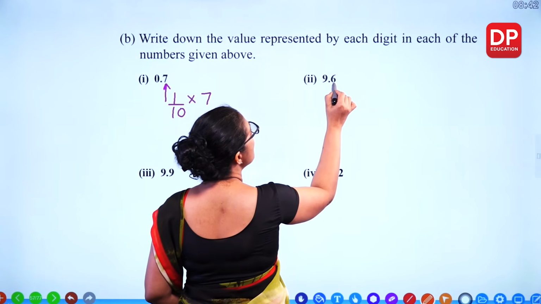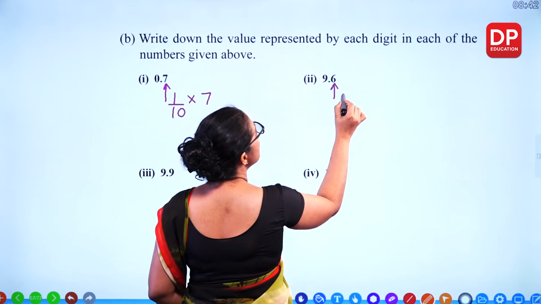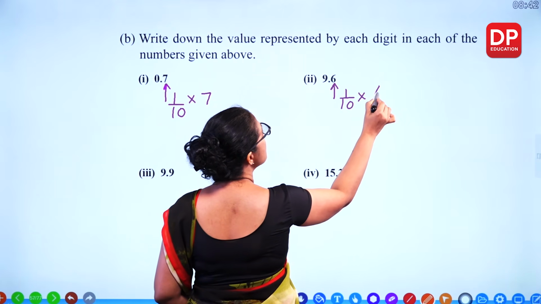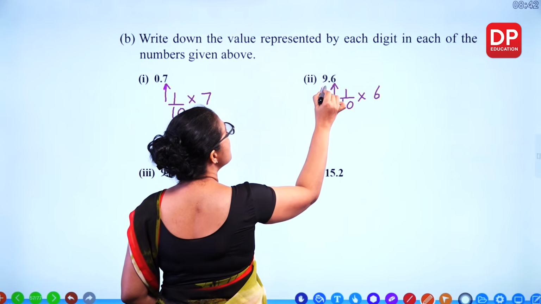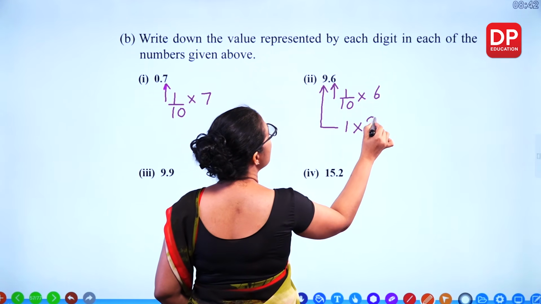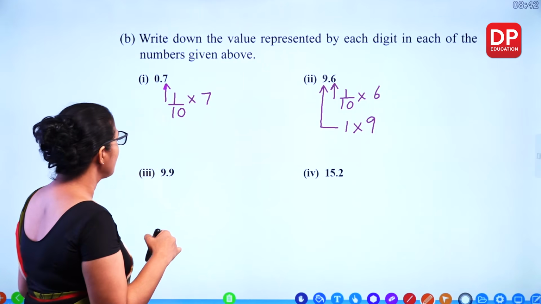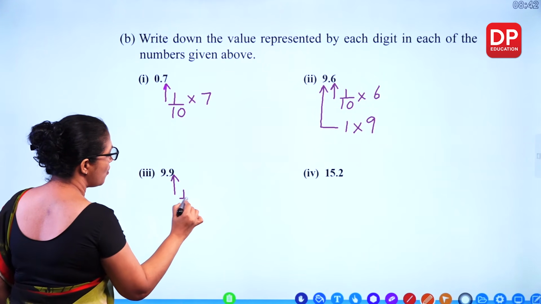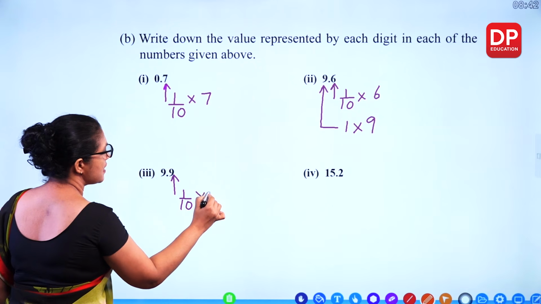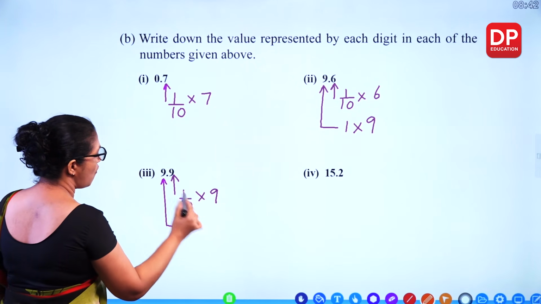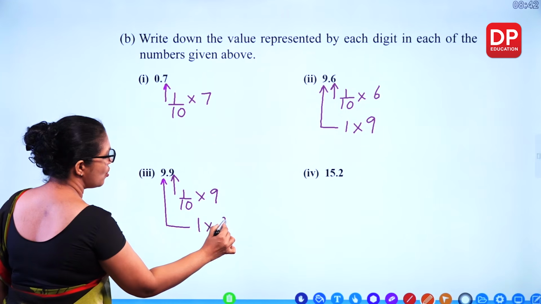So this 6 means 1 over 10 into 6. This means ones place. That means 1 into 9. 9.9. This is tens place. 1 over 10 times 9. This means ones place. 1 into 9.